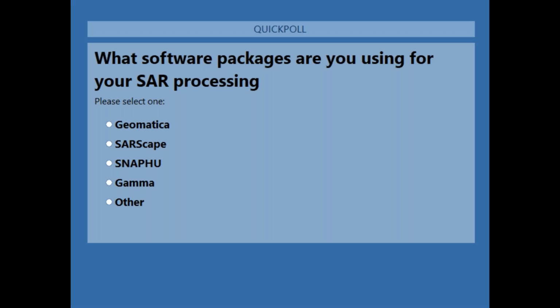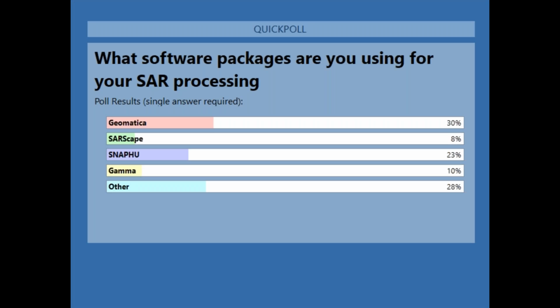Okay, so I'm going to close the poll in 10 seconds. So if you haven't voted, please get your vote in, and we'll share the results with everybody. We have 72% of the people voted so far. So I'm going to shut it down in 3, 2, 1.